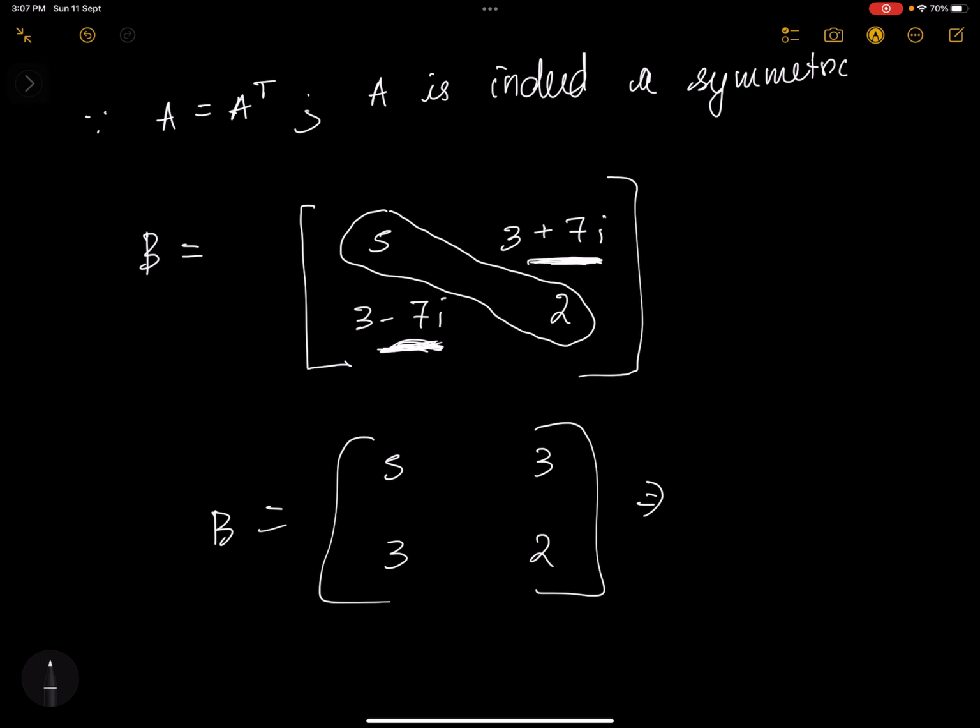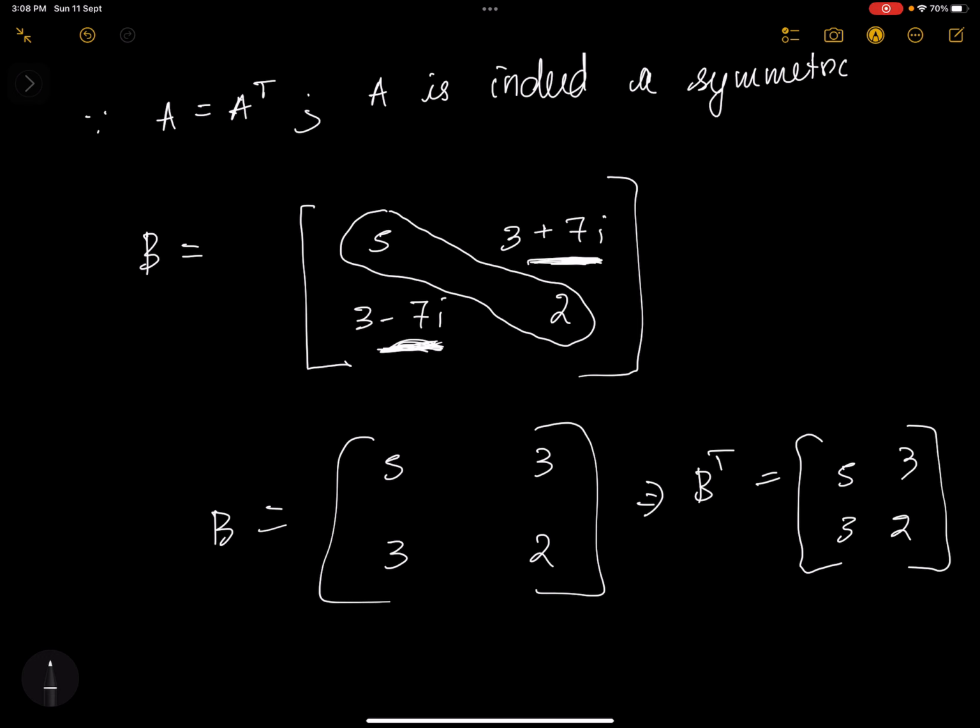Because if you transpose it, B transpose will be the same as earlier, 5, 3, 3, 2. So essentially, symmetric matrices are a special case of Hermitian matrices, and Cholesky decomposition can be applied on all matrices that are Hermitian in nature.